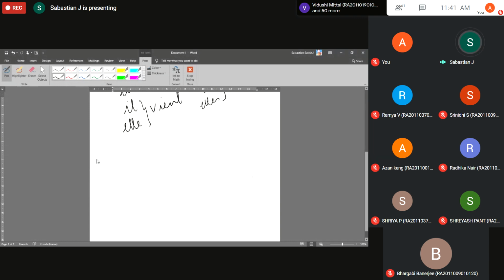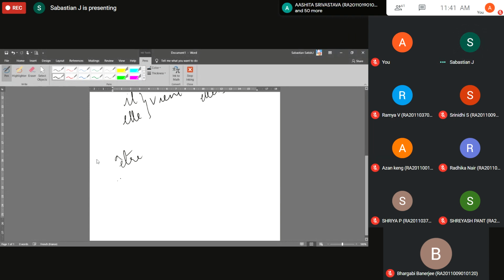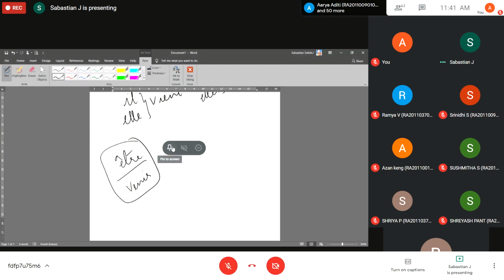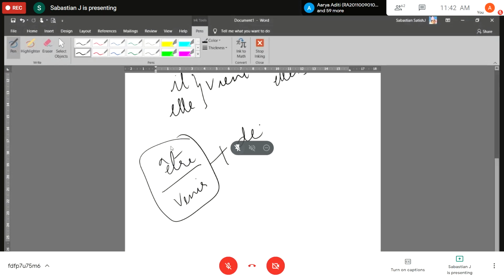So when these two verbs, être and venir, are conjugated, you should not use any other preposition for places, even if it is a city or a country. Be DE only.